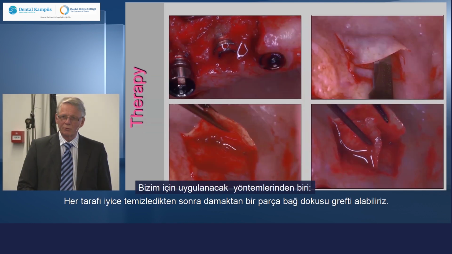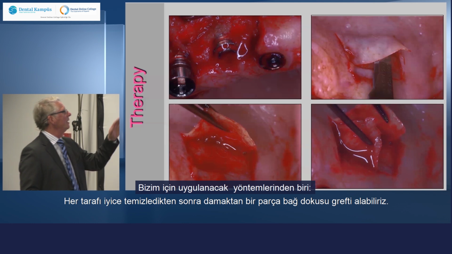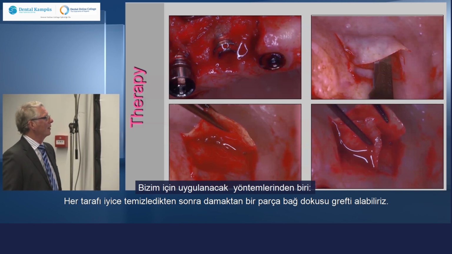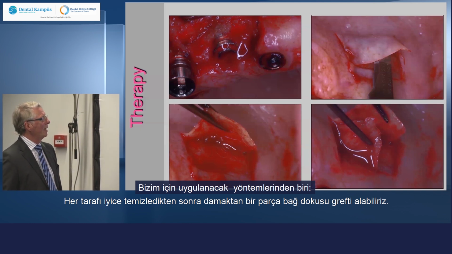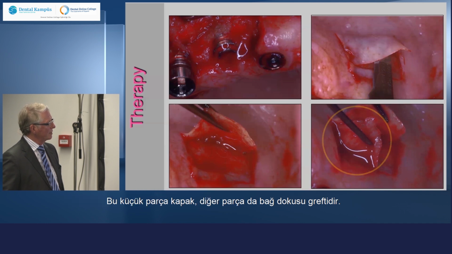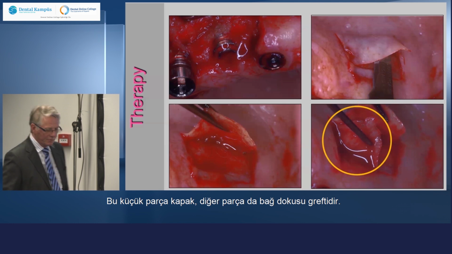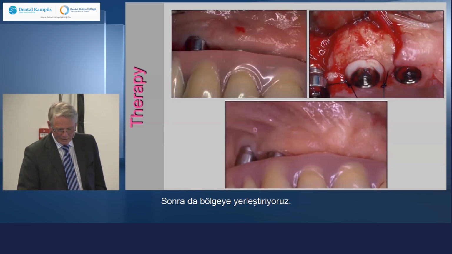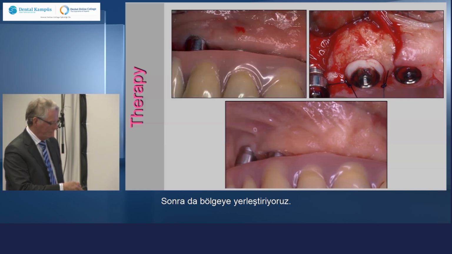One option for us to handle is, after cleaning the area, we can go in the palate and take some soft tissue, like a connective tissue graft. So this little piece of connective tissue here, this is the lid, and this is the connective tissue graft that we then can place around the area like this.